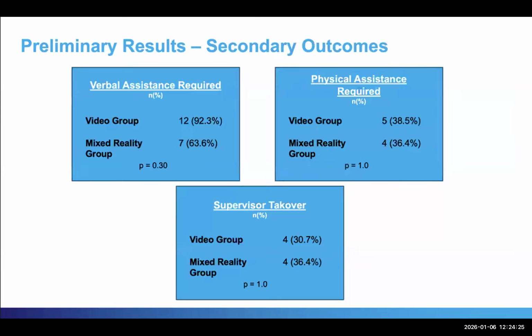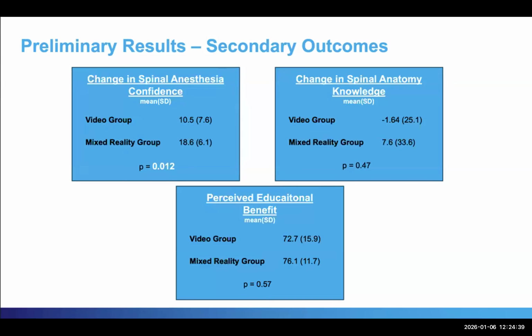In terms of the other secondary outcomes, there was no statistically significant difference between verbal assistance or physical assistance required, as well as the rates of supervisors having to take over the procedure. There was a statistically significant difference in change in spinal anesthesia confidence.